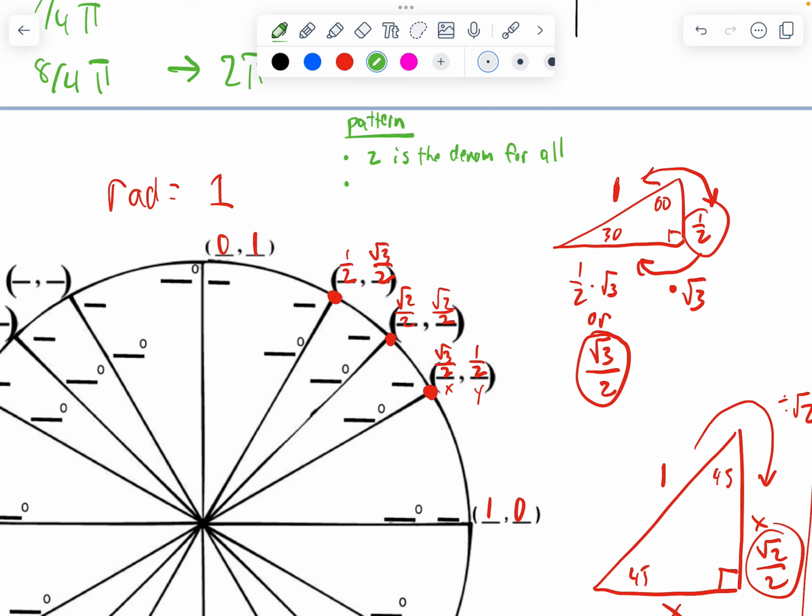Another way that helps me remember is, hey, it's easy as 1, 2, 3. And you guys notice right here, 1, 2, 3. And the other way is 1, 2, 3. So that helps me remember or kind of memorize this unit circle. And just got to know that, hey, these all have square roots at the top.